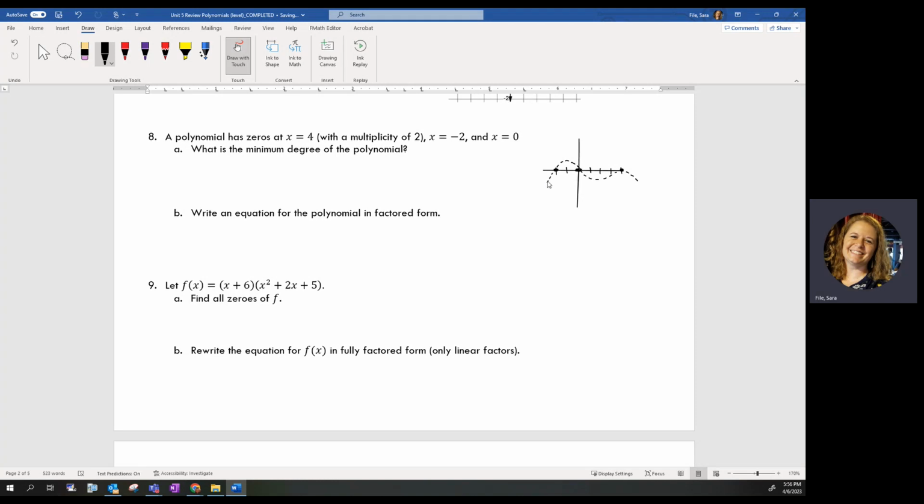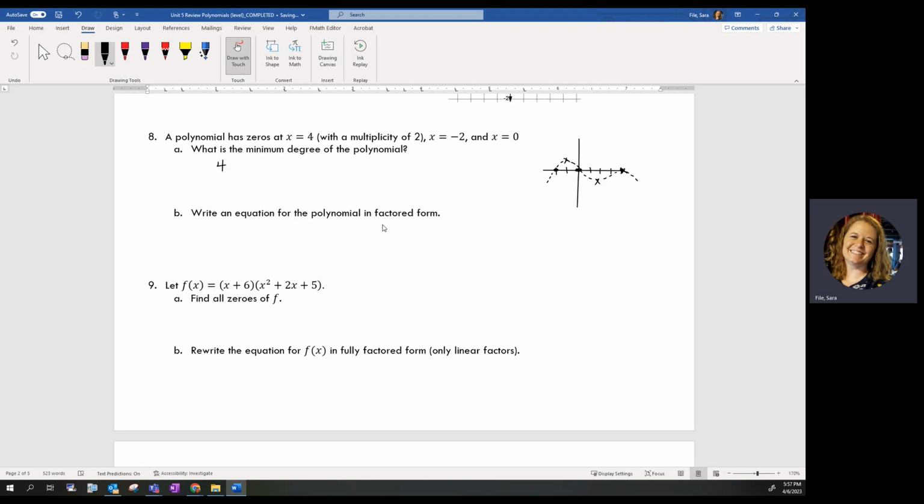So essentially what that means is that there has to be 1, 2, and then this itself, 3 turning points. Okay. And what is the minimum degree of the polynomial? So that's got a multiplicity of 2, 3, 4. So the minimum degree is 4.